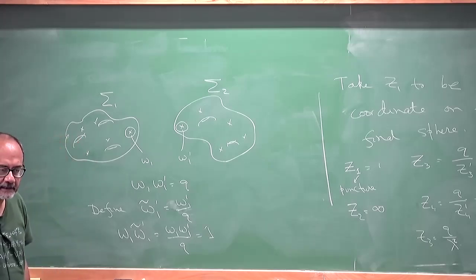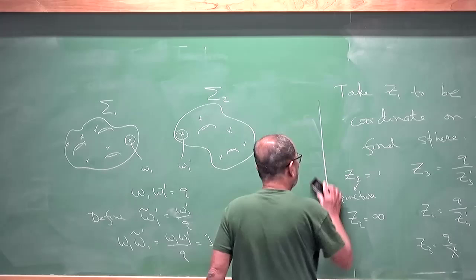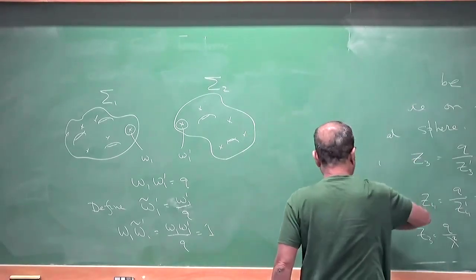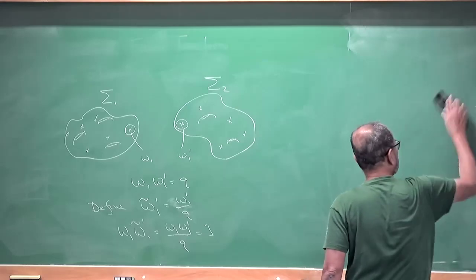Is that clear? For this, we know how to write the result. In fact, we said that this is one way of defining correlation functions on the higher genus Riemann surface.